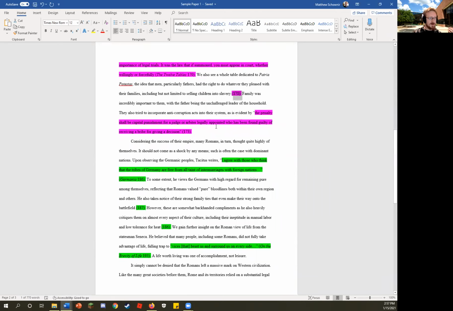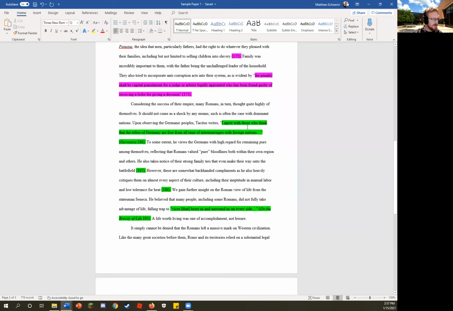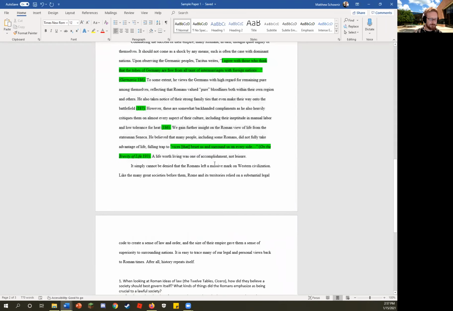So this is a very good sample of what I'm looking for. This is a good example of how to take one of the historical documents we read from our Perspectives book and use it to help answer the questions that you're given in these writing assignments. He does the same thing with another that I've highlighted in green.